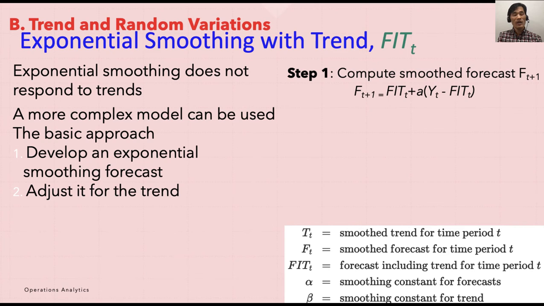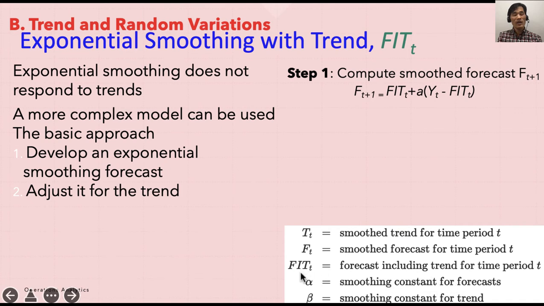There are three steps to follow with this exponential smoothing with the trend. The first step is to compute the smoothed forecast F t plus 1. So F t plus 1 equals FIT t plus alpha times (Y t minus FIT t). That's your formula. F t plus 1 is the forecast for the next period. FIT t is the forecast including trend for time period t.